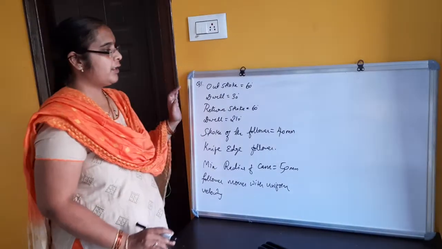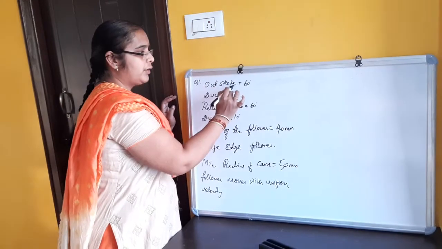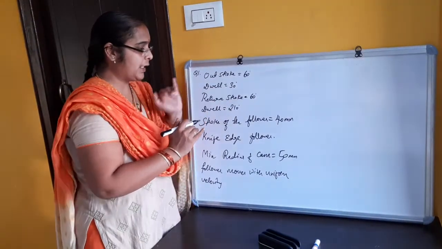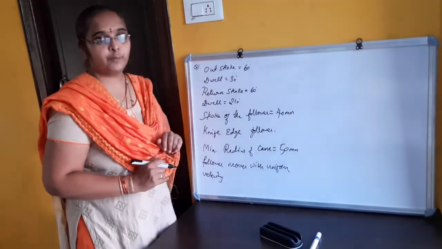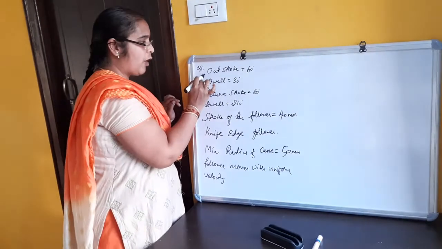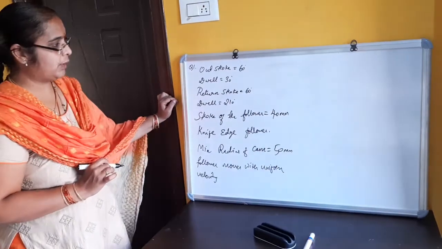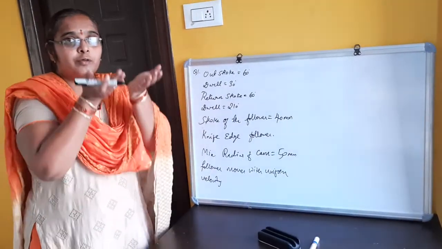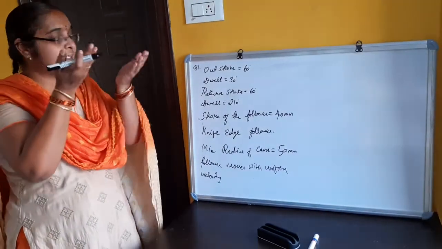Here, when the follower moves, it performs an outstroke, then it is at rest, which is known as dwell. Then it performs the return stroke, followed by dwell. There are four parts to the motion of the follower: outstroke, dwell, return stroke and again dwell. When the cam rotates, the follower moves upwards, which is known as lift.